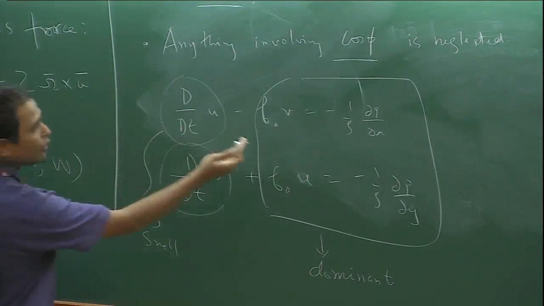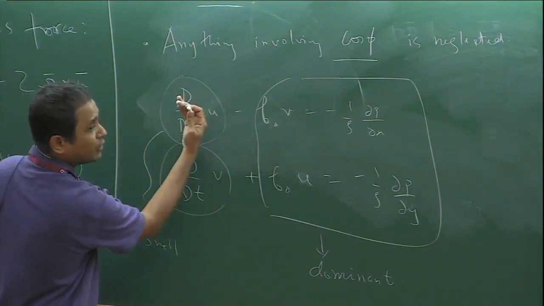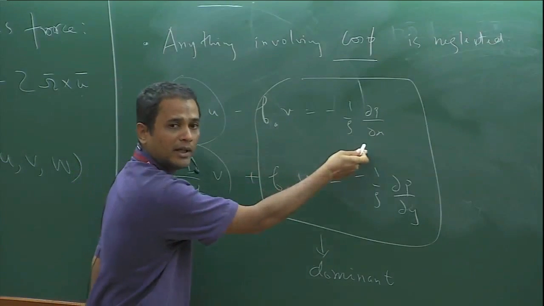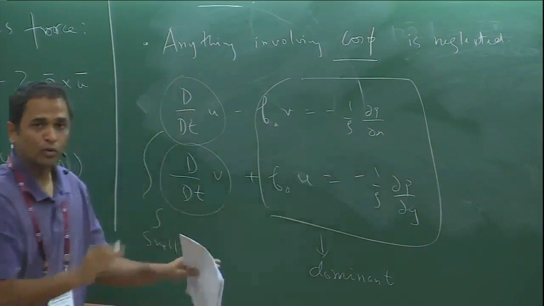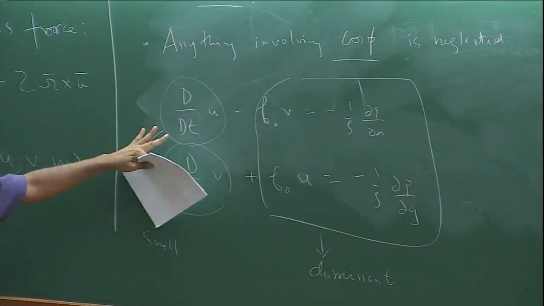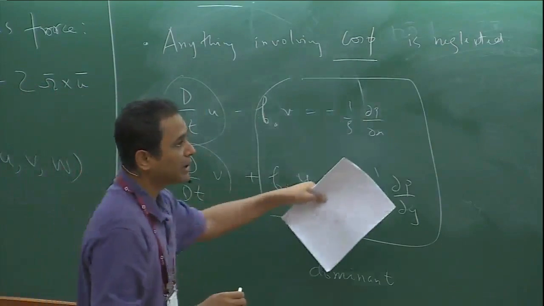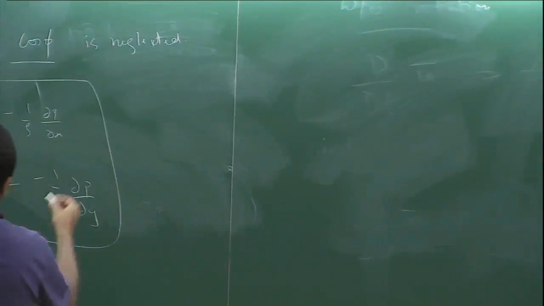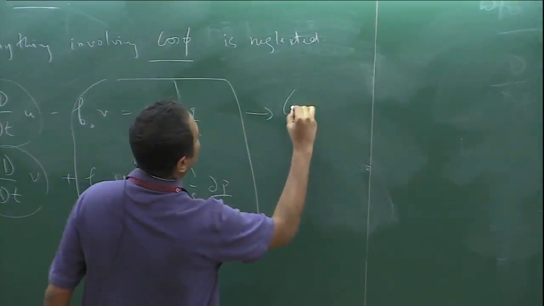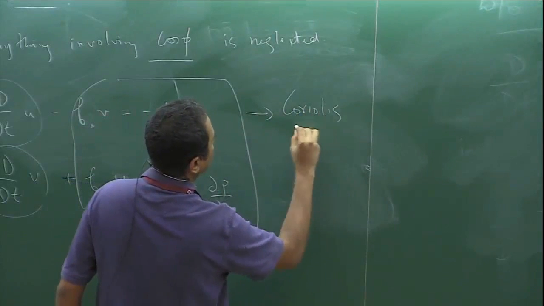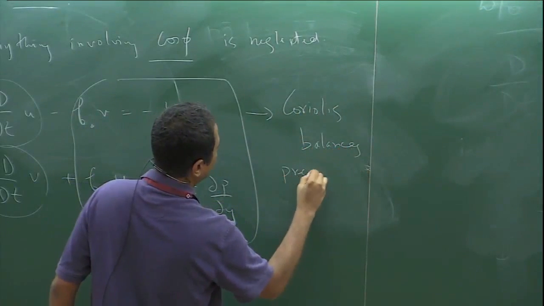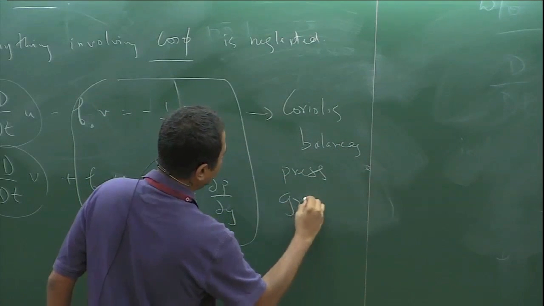So you say that if rotation is strong, we expect these to be small, and the balance will be between the Coriolis term and the pressure gradient, right? And if we assume this, that is, this is the assumption that rotation is strong, then what this implies should actually be seen over here. And this statement that I've put down over here, that is, Coriolis balances pressure gradients.